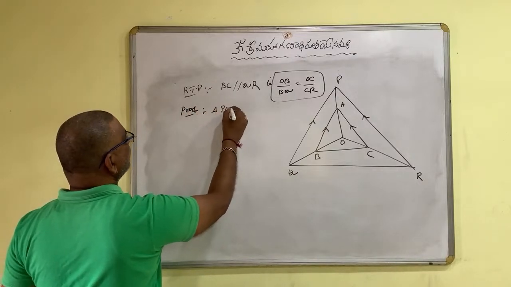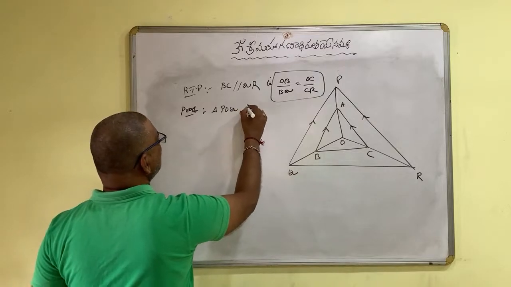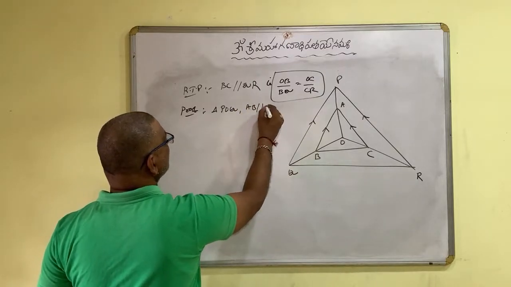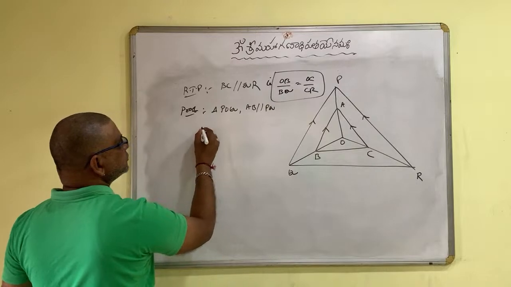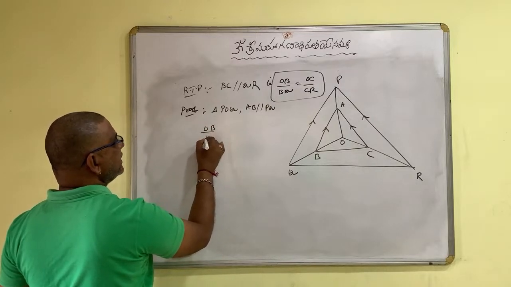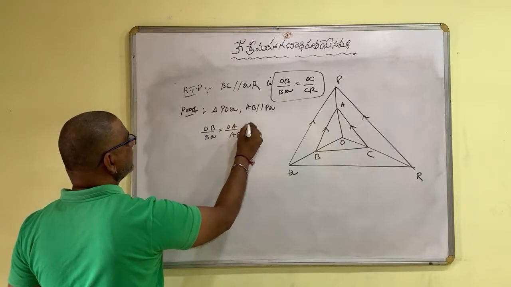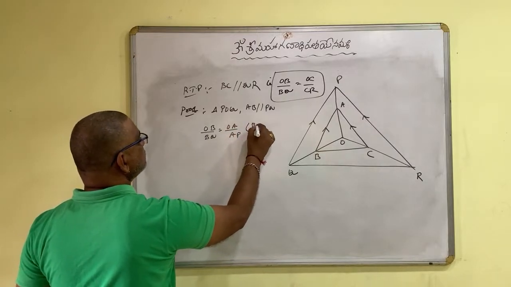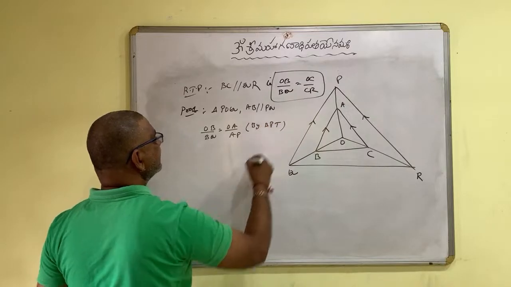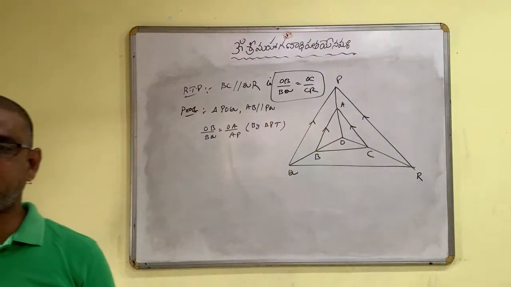In triangle POQ, AB parallel to PQ. So OB by BQ is equal to OA by AP by BPT, by basic proportionality theorem.